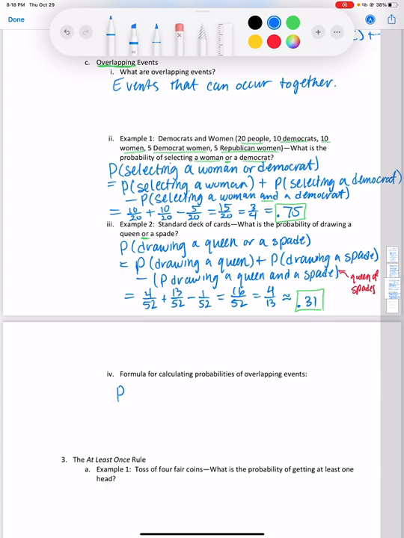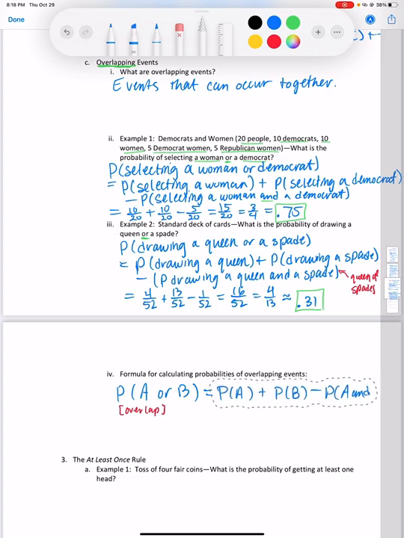So the probability of overlapping events, the probability of A or B when they overlap, okay, is equal to the probability of A plus the probability of B minus the probability of A and B. Okay, so you use this formula when they are overlapping. There's one thing that's in common between the two groups.